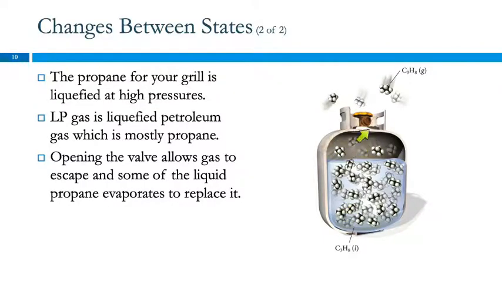There will be some propane molecules in the gas state above the liquid, and when you open the valve and release some of the pressure, the propane molecules in the gas state will come out and go into your barbecue and grill your hamburgers for you. It feels like there's liquid in there because there actually is liquid in there.